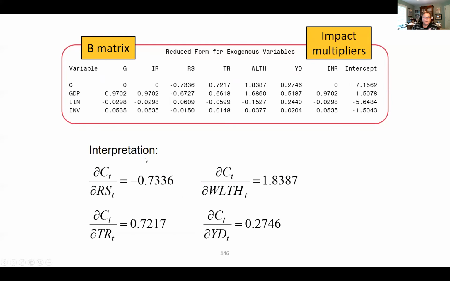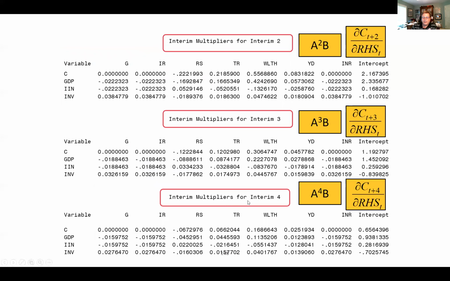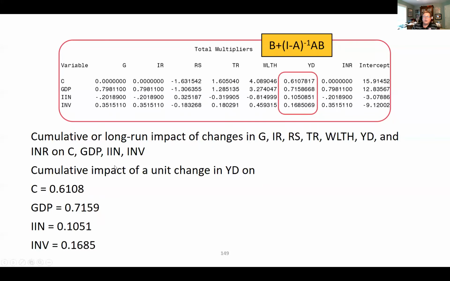But you can also do that for the first interim multiplier, and the second, and the third, and the fourth, and the cumulative. So if we focus on YD, for example, the cumulative impact of a unit change in disposable income on consumption with this data, for every dollar spent today, the long run impact is 0.61. For GDP, 0.71.